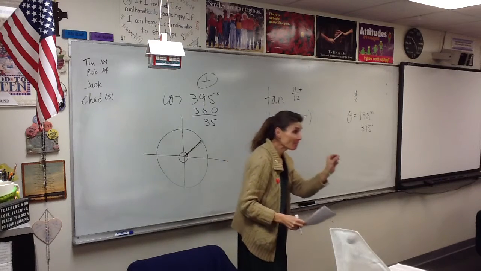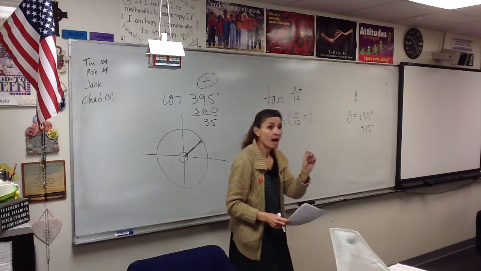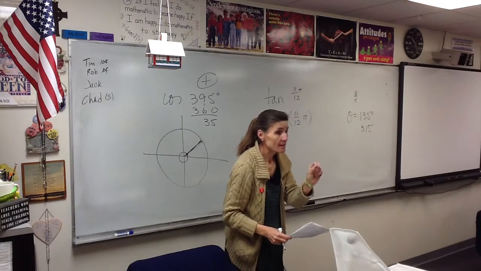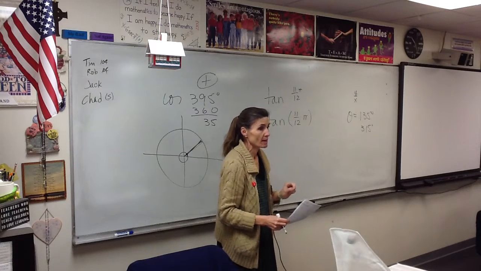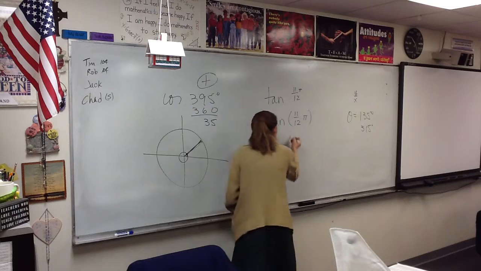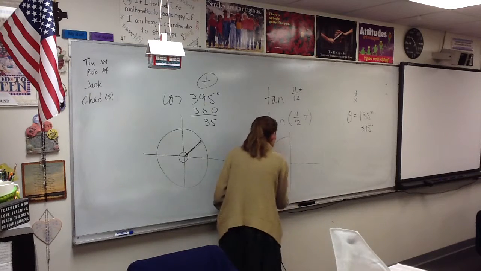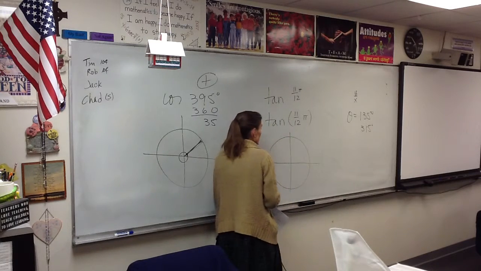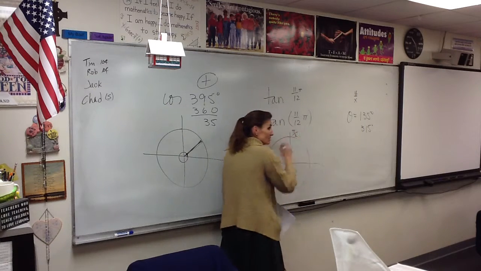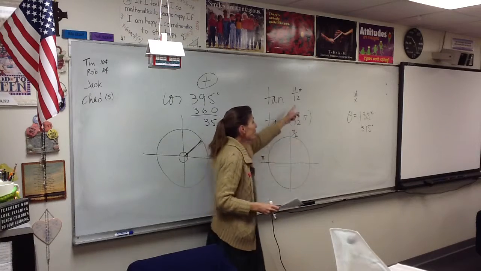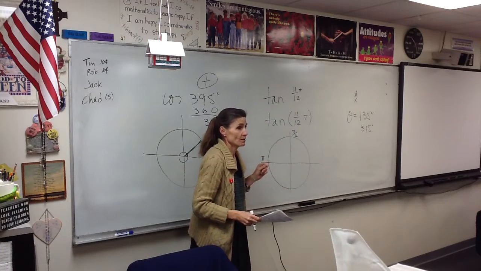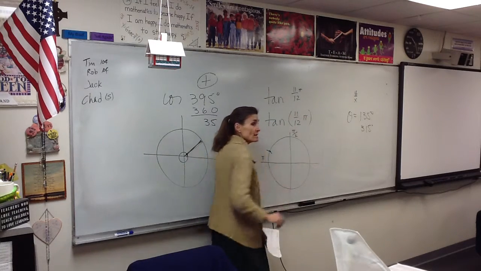It's not half a pi, and it's not a whole pi, it's 11/12 of a pi. So when I look at my circle, this is pi, and this is half a pi. Where is 11/12? Somewhere in between, right?